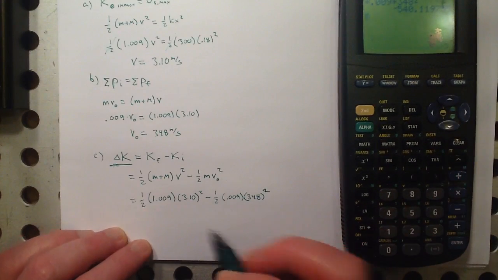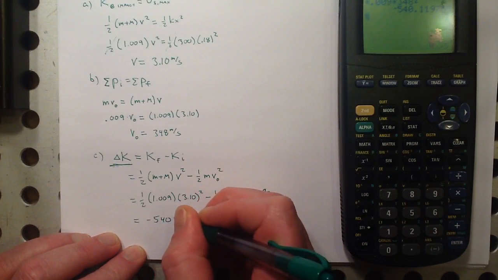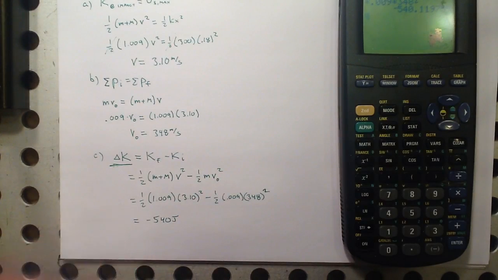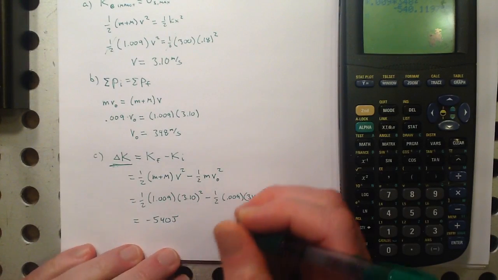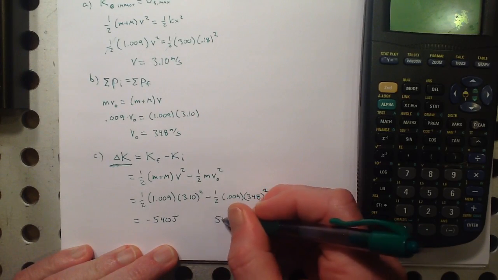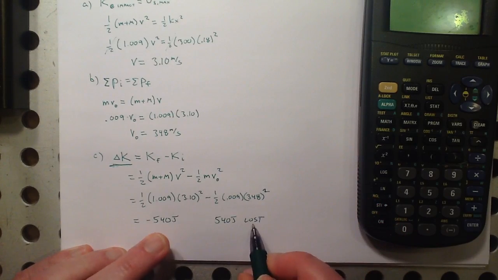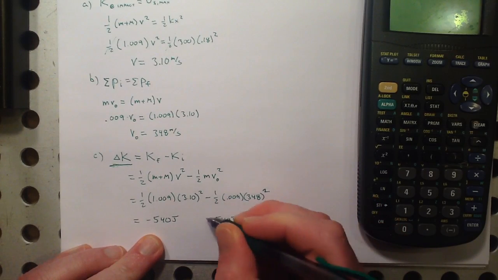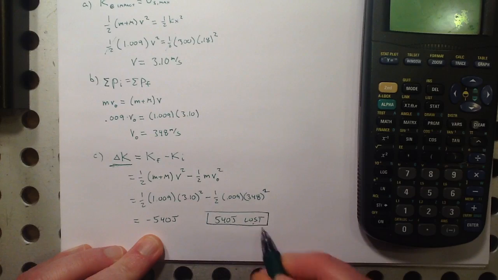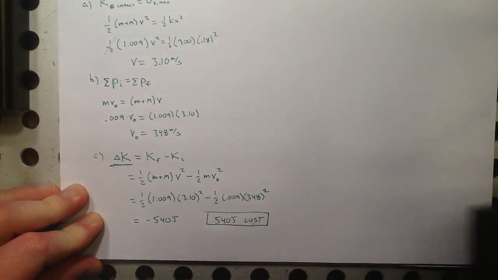A negative 540 joules. That's the change in kinetic energy. They said how much energy is lost. So the answer to that really properly would be 540 joules are lost, right? We're replacing our negative sign here with stating that it's an energy loss. Right. That's a handy little problem.